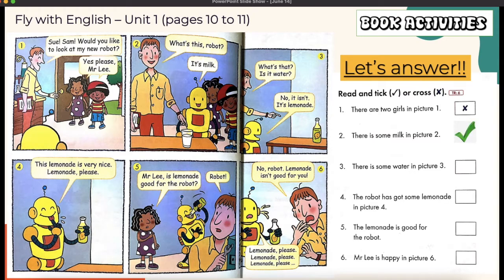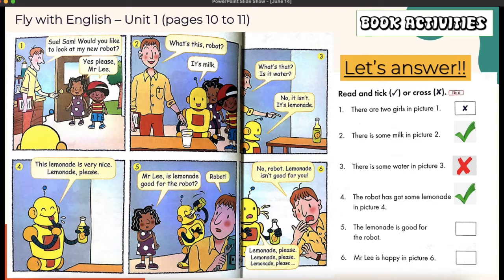And that's correct. Number 3. There is some water in picture 3. And that is wrong because we have here lemonade. Number 4. The robot has got some lemonade in picture 4. And that's correct.